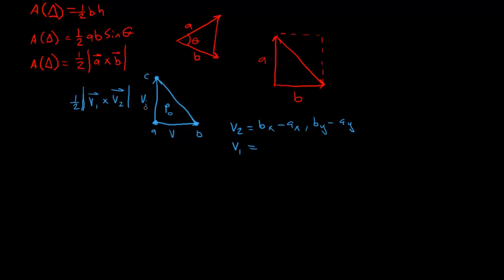This should be vector 1 and this should be vector 2, just because I want to keep them in the nice ordering that I had on my paper here. So, vector 1, vector 2, 1 and 2. There we go. Cool. And this one's the same thing, just put for C. So it'll be cx minus ax, and then cy minus ay. And there's our vectors. Nice and simple.